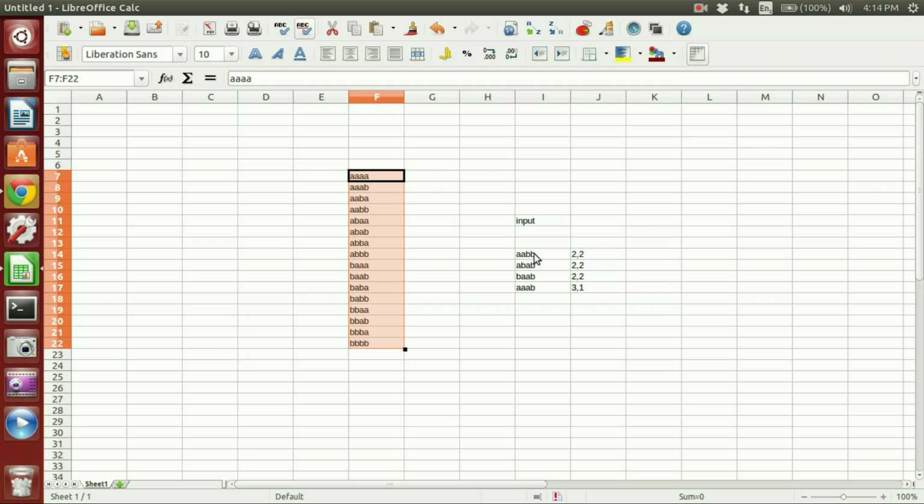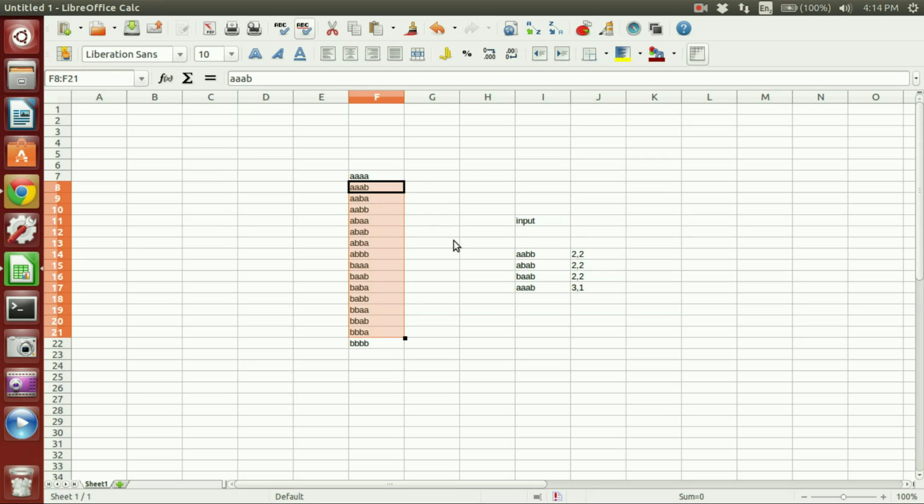So when we find the LCS of this with the first, we will get 2, because common is AA, so 2, and for the rest of them it would be more than 2.